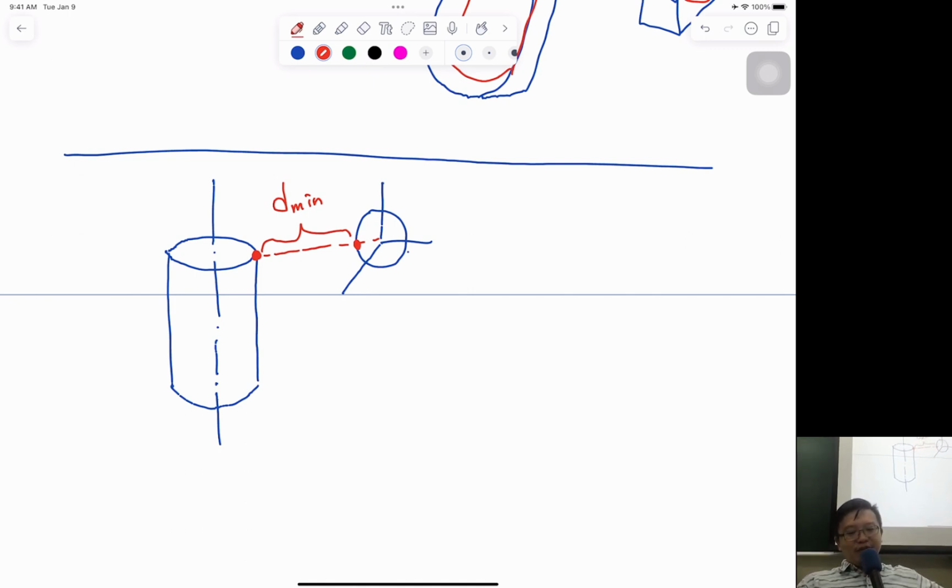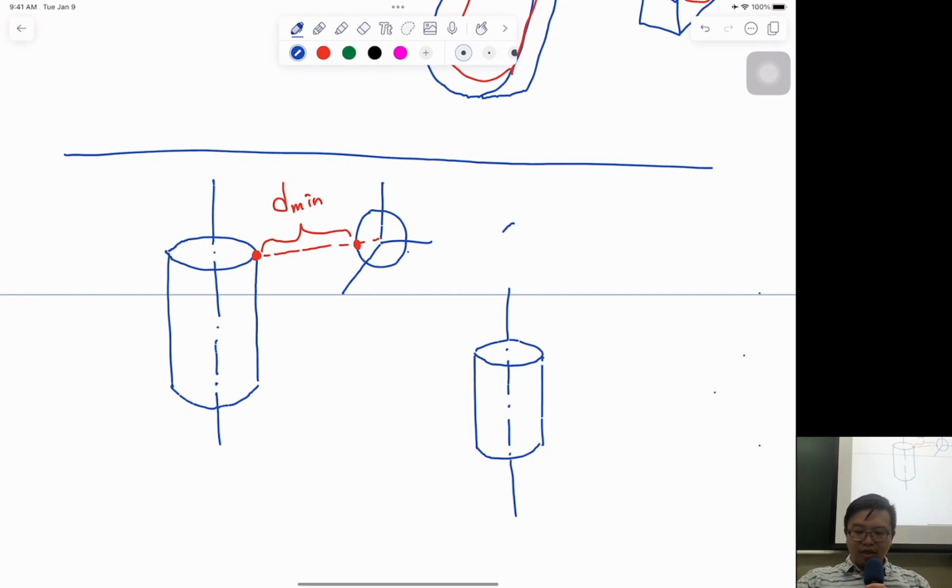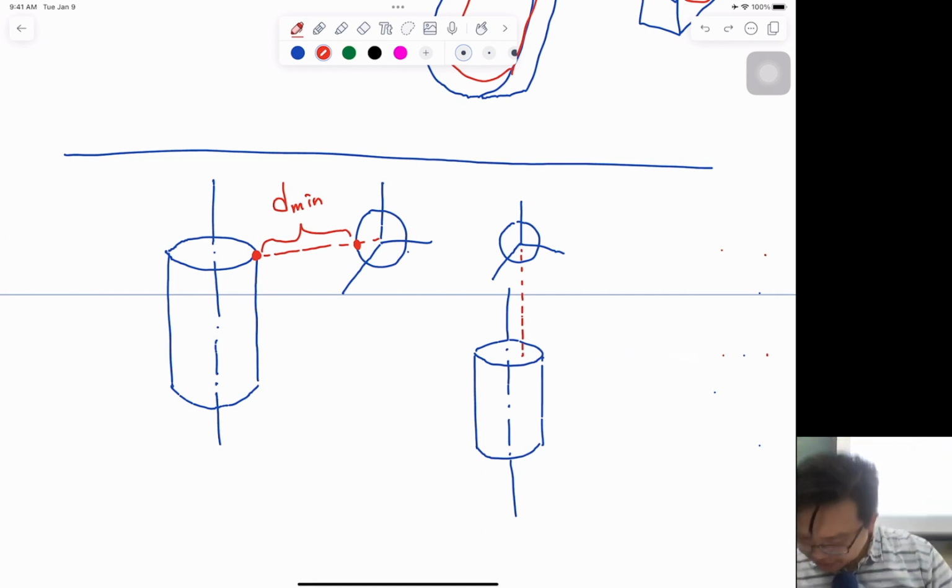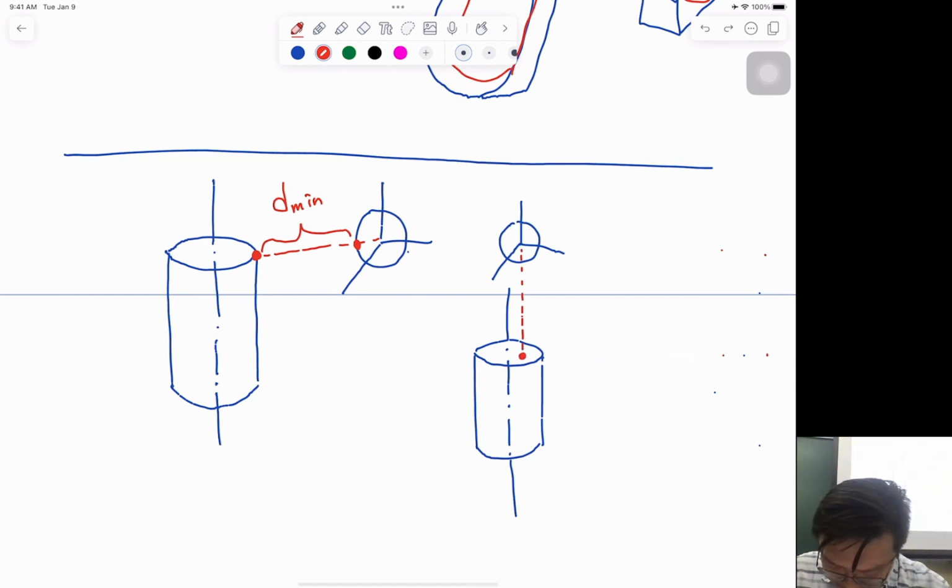However, in some configuration, for example, this is a different example. Now the obstacle probably is here. In this case, you are trying to find the projecting point here and the closest point there.